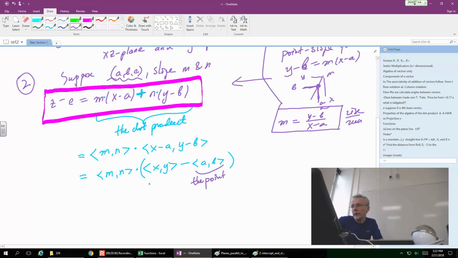So that is the point, and this is the variable. And these are the slopes. In a way, you can say that that vector is a vector-valued slope, if you like. So two slopes combined together give you a vector slope, which conveniently contains the information about both directions, along x and along y.